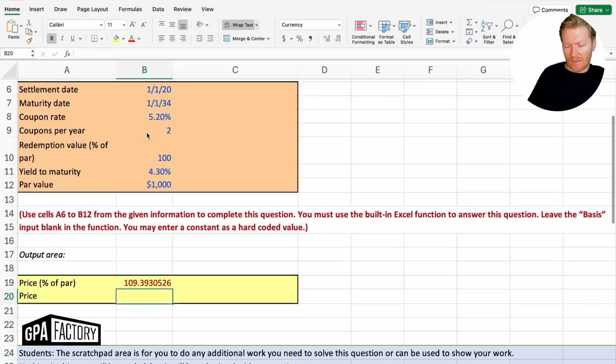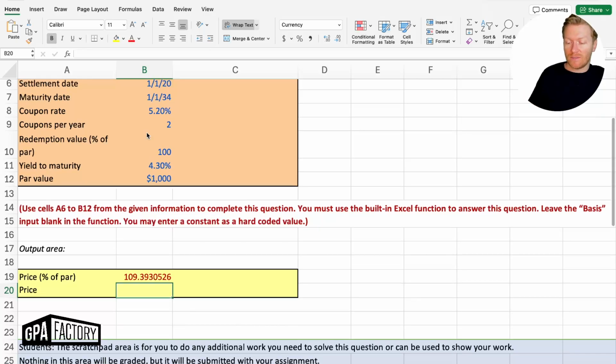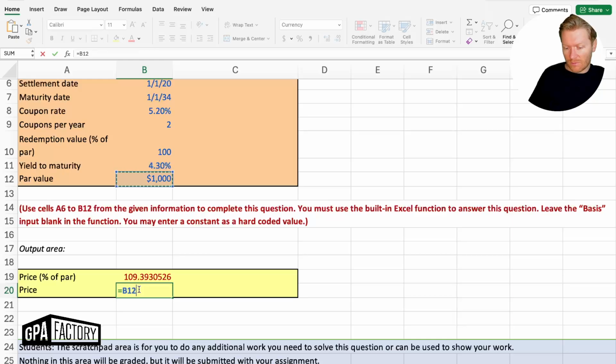Now, when it's asking for the actual price, this is as a dollar amount. So what we really need to do, we know that this is as a percentage of par. So we're going to take the par value and we're going to multiply it by what we just solved for. But we're actually going to multiply it by what we just solved for divided by 100.